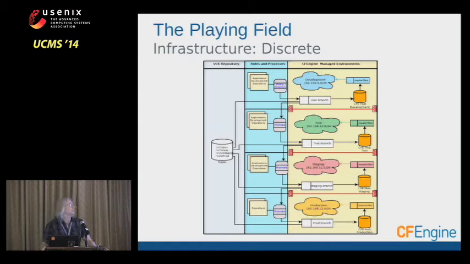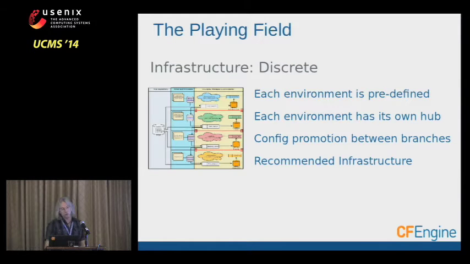So to get these pieces interconnected and understand how we're going to do configuration management and continuous integration, this is a preferred way where you could say, well, let's use firewalls, let's use subnets, let's make everyone safe. And I'll just drop right to the bullet points. Each environment in this sort of a discrete infrastructure is predefined.